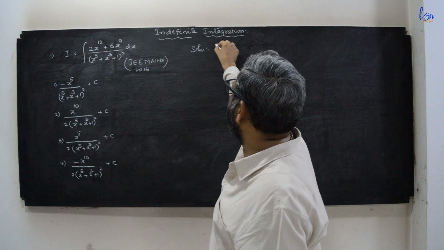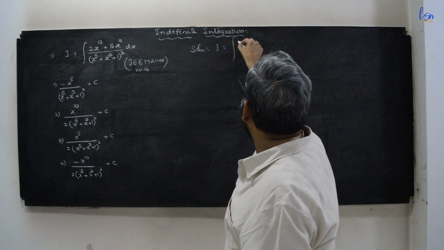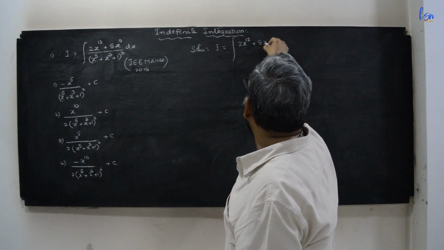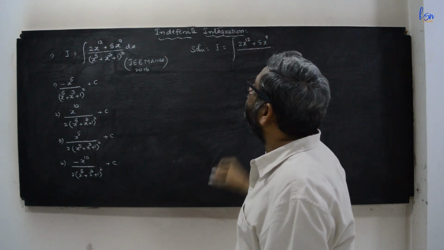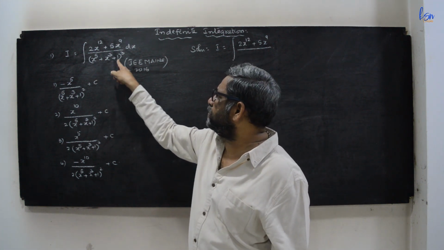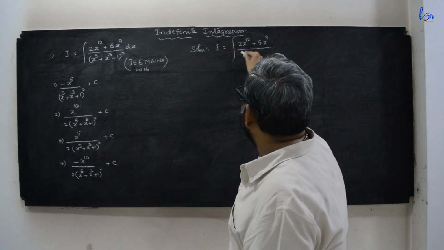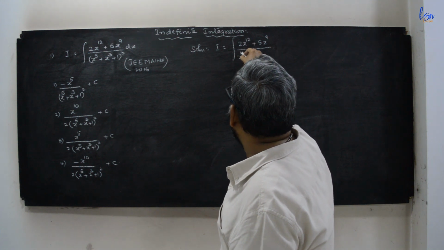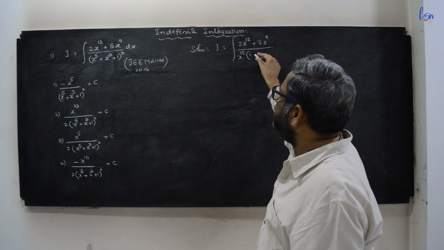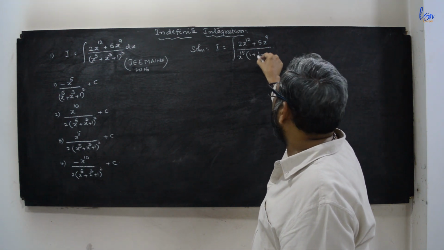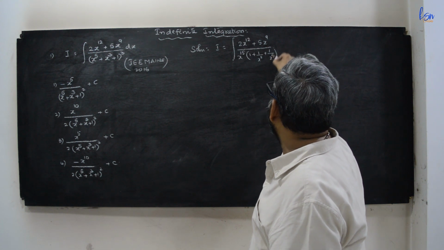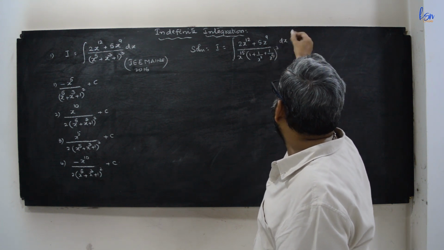Here I equals the integral of (2x^12 + 5x^9) over the denominator (x^5 + x^3 + 1)^3. I will take x^5 common, that will become x^15. If I take x^5 common, this will be (1 + 1/x^2 + 1/x^5)^3 dx.